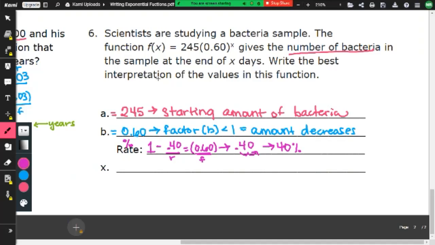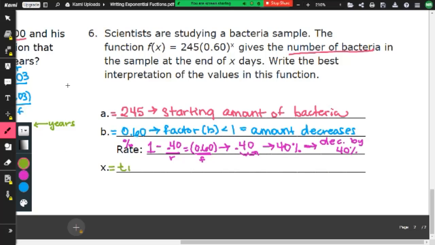So in words, it could be written as decreases by 40%. I'm just going to put DEC by 40%. Decreases by 40%.